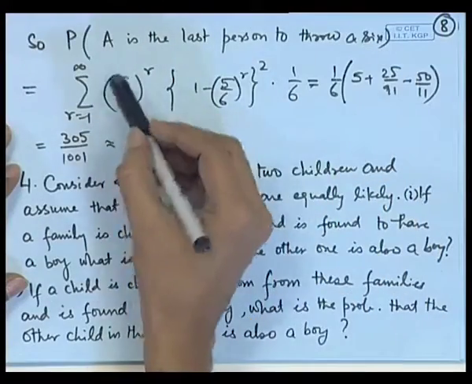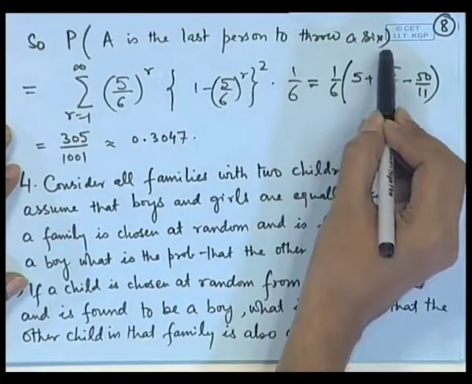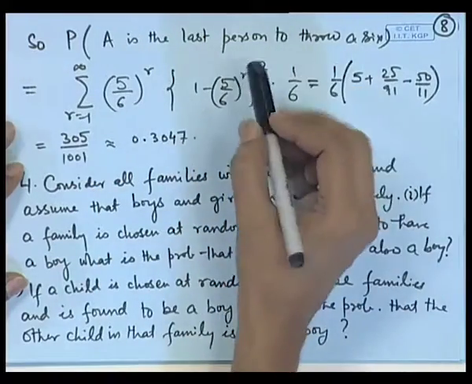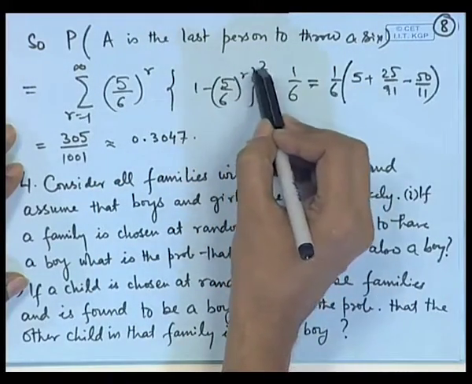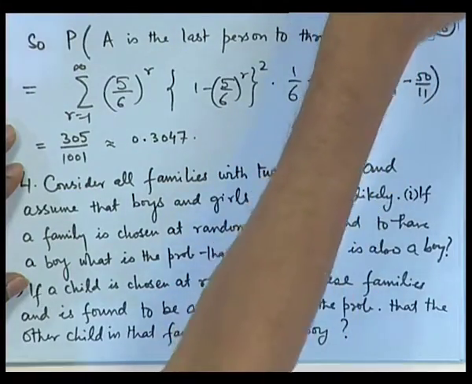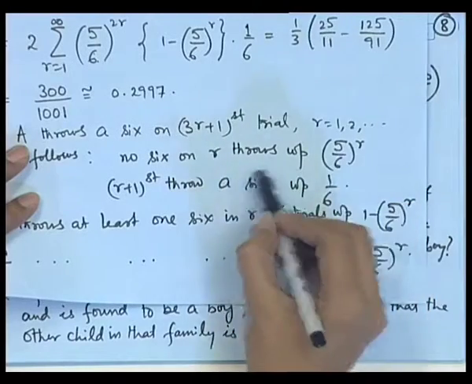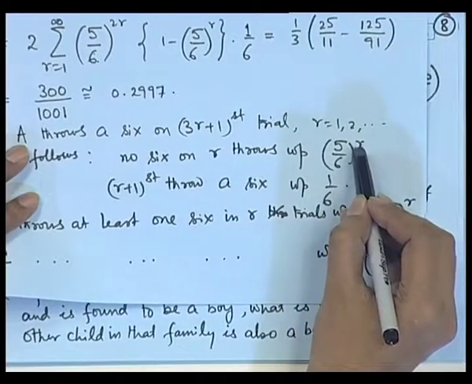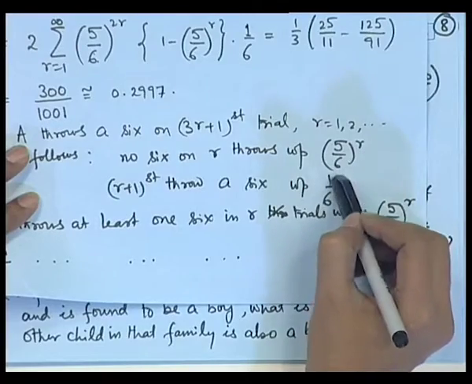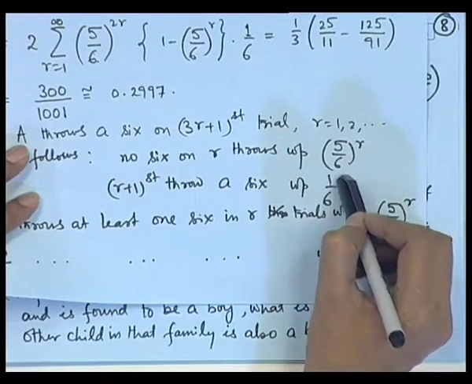So, if we consider the probability that A is the last person to throw a 6, that will be equal to (1 minus (5/6)^r) two times. So it is a square of this, and then we consider the probability that A has no 6 up to the rth trial, and a 6 (1/6) on the (r+1)th trial.